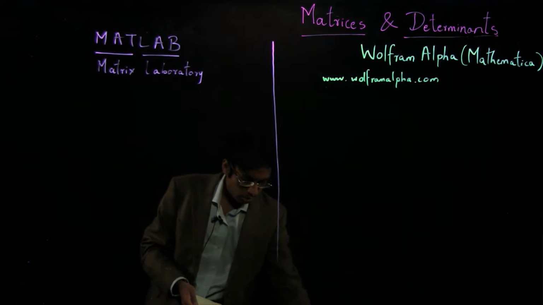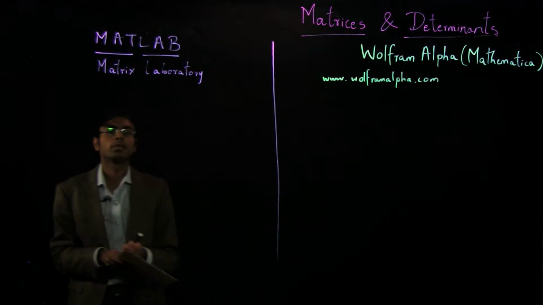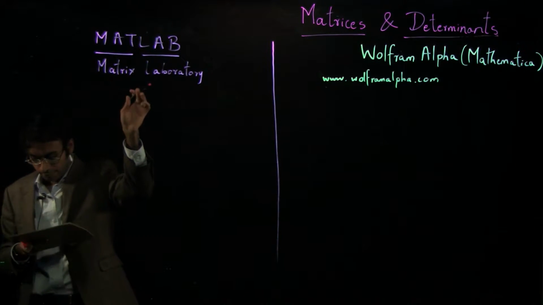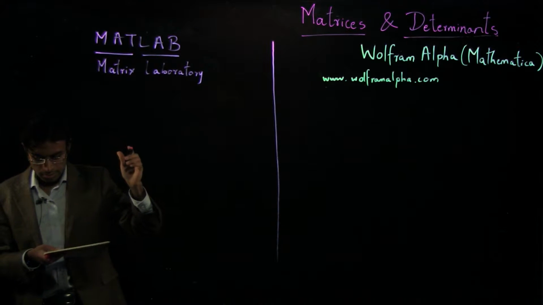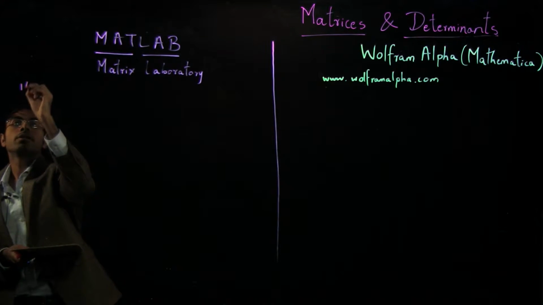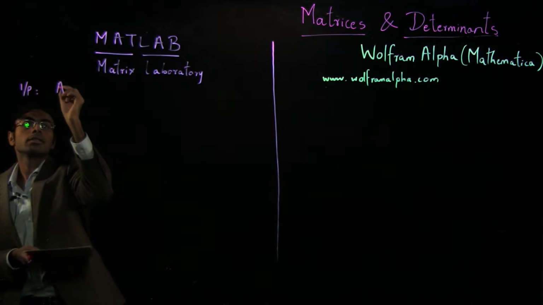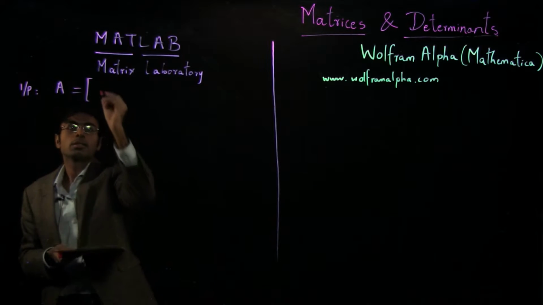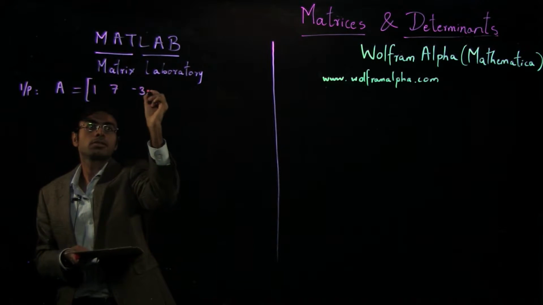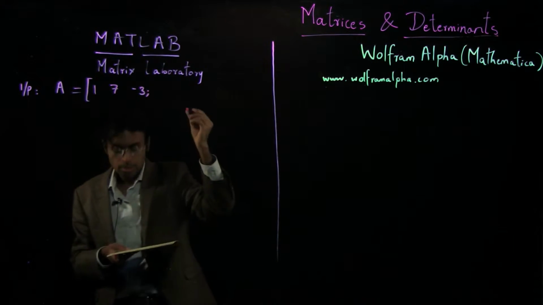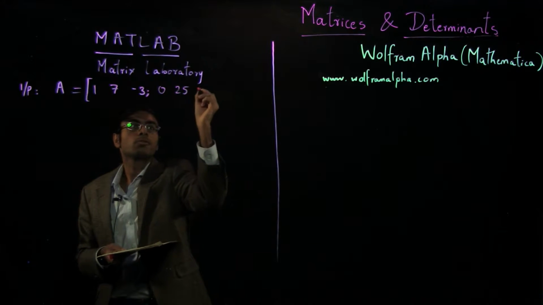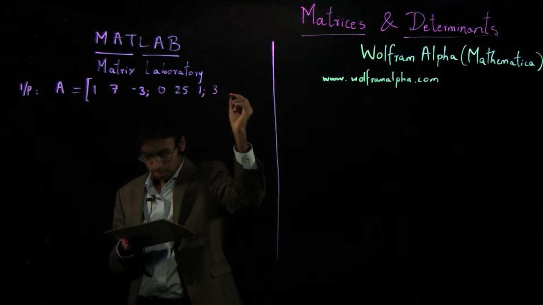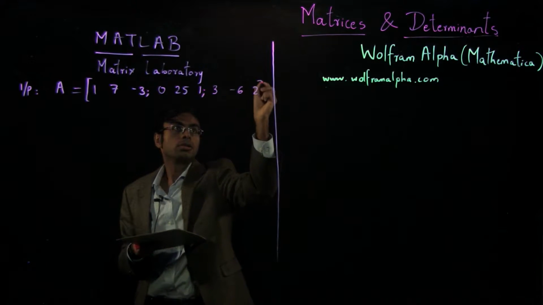So I just wanted to give you a quick example of how things work, and they work a bit differently in these two packages. So in Matlab, for example, it's a command line interface, and let's say you want to input a matrix. The way to do that is on the command line you type A equals, in square brackets, 1, 7, minus 3, semicolon, 0, 25, 1, semicolon, and 3, minus 6, 2, and that's it.